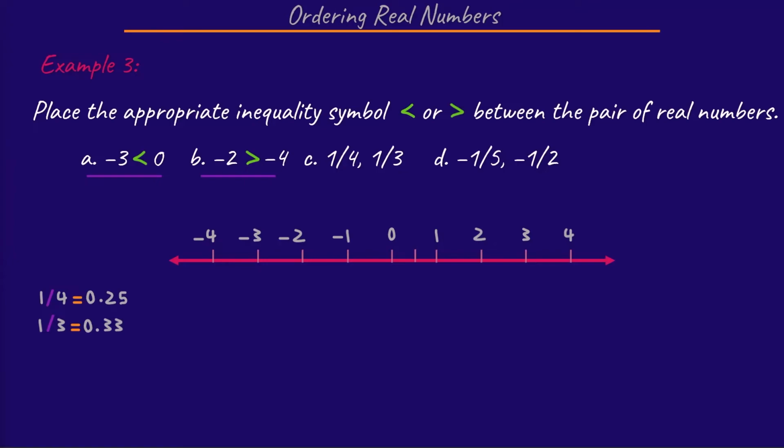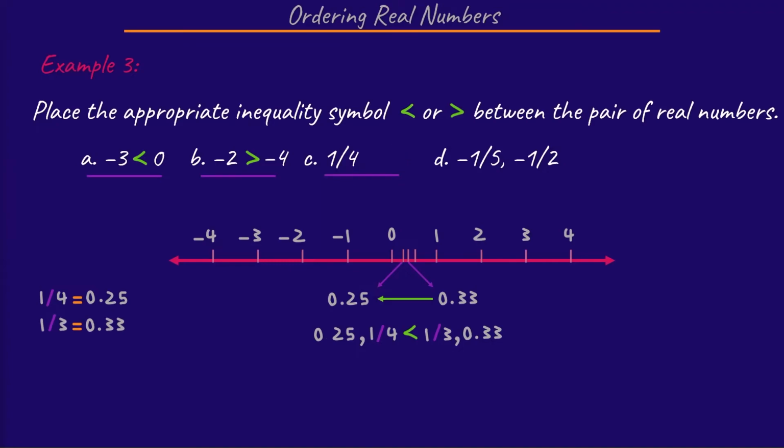Here we will have 0.5, and here we will have 0.25, which is 1 over 4, and to the right of it, we will have 0.33. So 0.25 lies to the left of 0.33. So basically 0.25, which is 1 over 4, is less than 1 over 3, which is 0.33. Now let's replace it: 1 over 4 is less than 1 over 3.